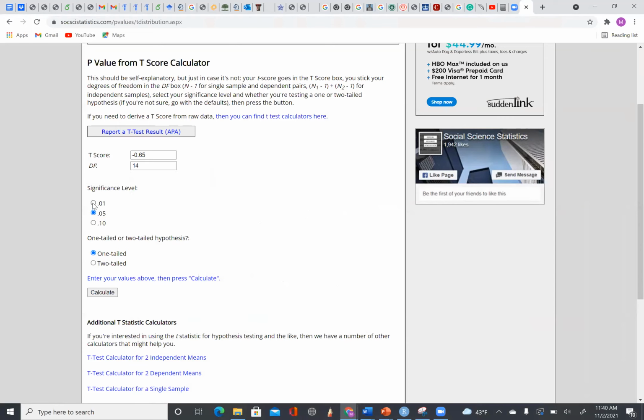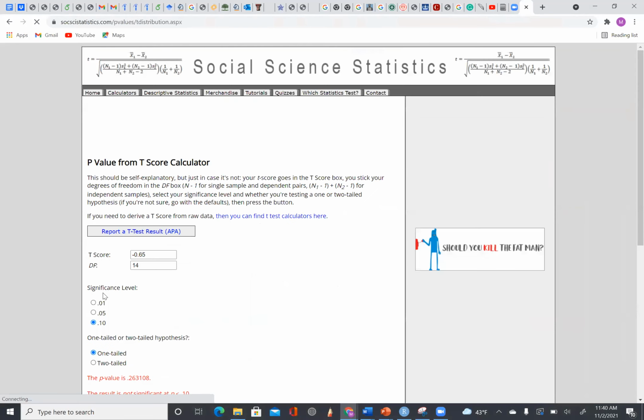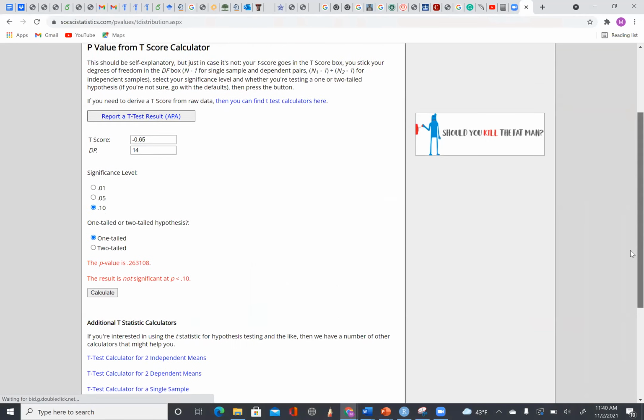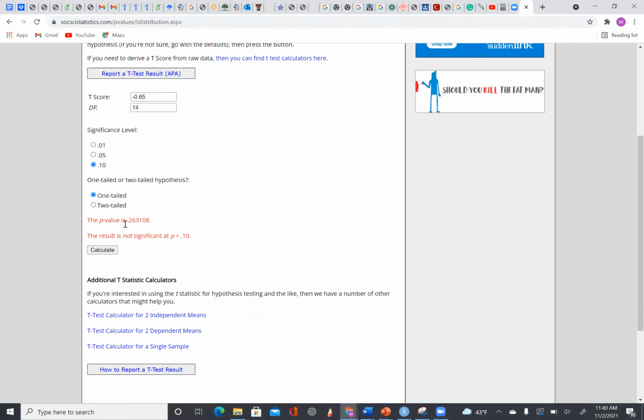And the level of significance was 0.10. So this is one tail, right? Yes, this is a left tail test. Now you calculate, and here you can see the p-value is 0.263108. So the p-value is greater than alpha 0.10.